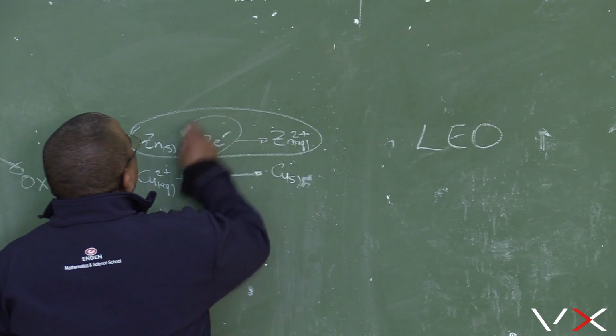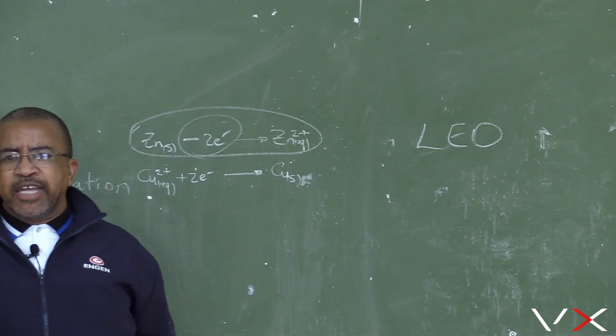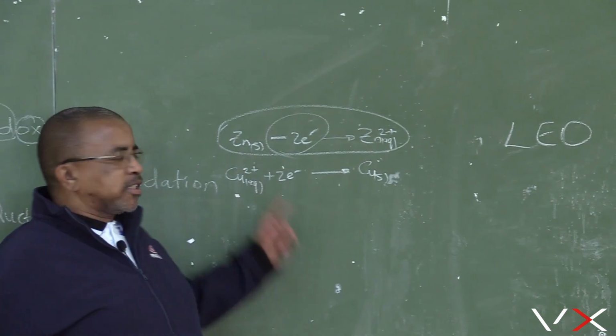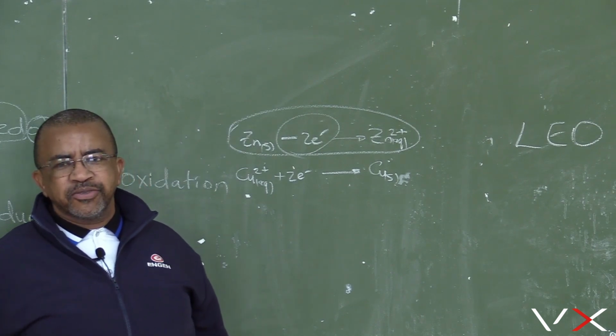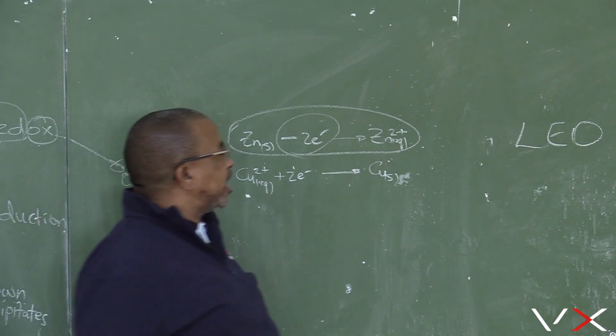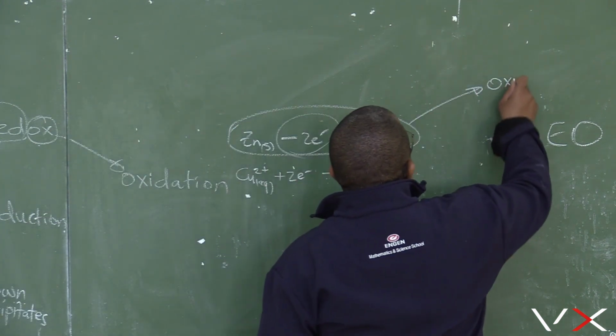Now as zinc loses electrons, copper says: I am positive in the solution, what am I seen taking? Electrons. Okay, so as copper gains electrons, zinc undergoes oxidation.